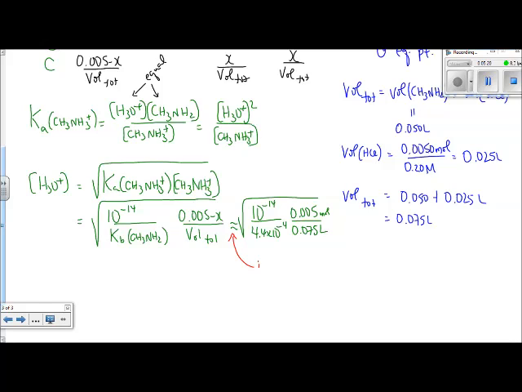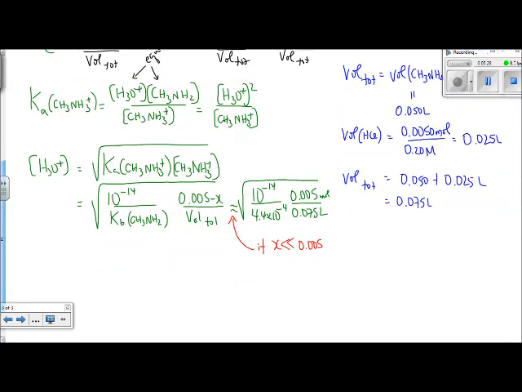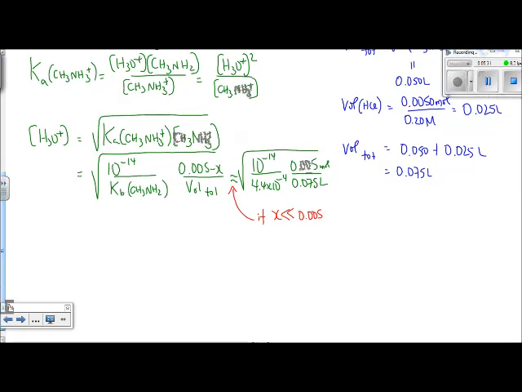That works if x is so much smaller than 0.005 that 0.005 minus x is approximately equal to 0.005. So we move along there, solving that, which gives us the molarity of the H3O plus. We get a value in moles per liter, and we solve the pH for that by taking minus the log of that value.